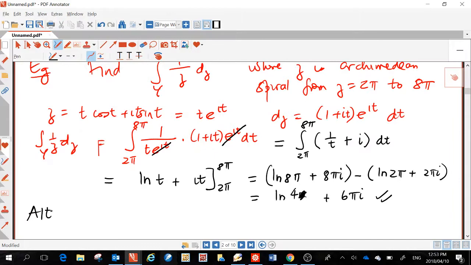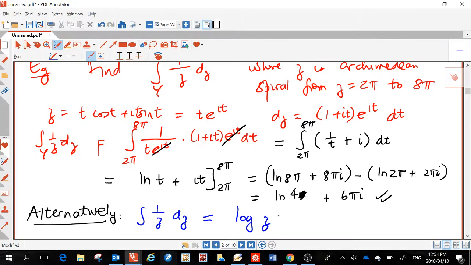Alternatively, you can write that as the integral of 1 over z dz equals log z. Isn't that the integral of 1 over z dz? It's log z.